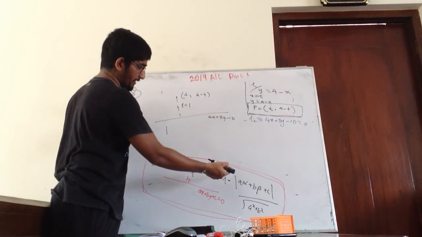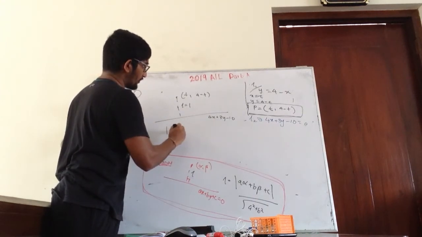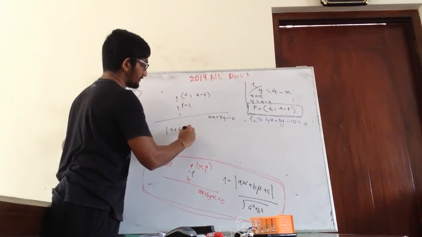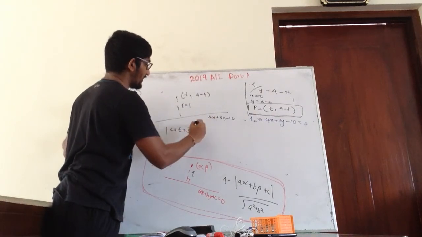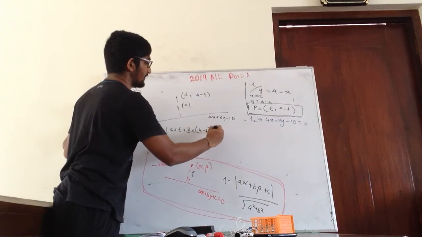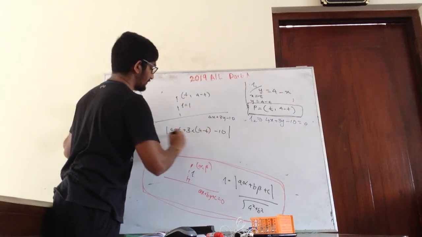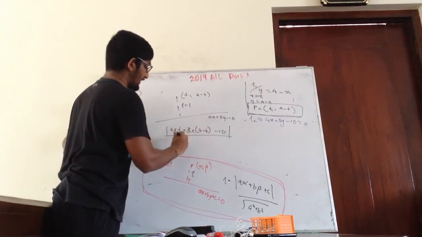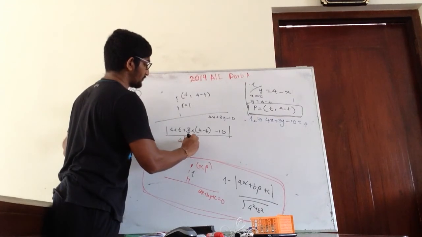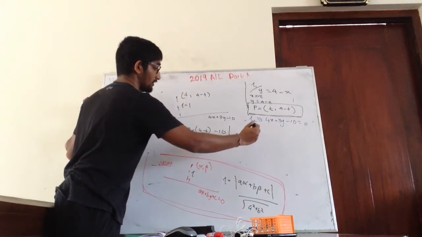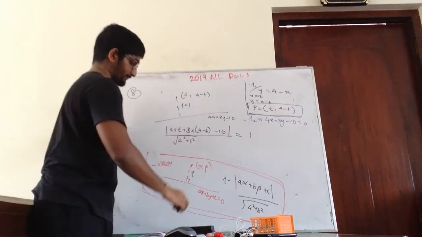A is 4 times t, B is 3, y is 4 minus t, minus 10, over the square root of 4 squared plus 3 squared, is equal to 1.